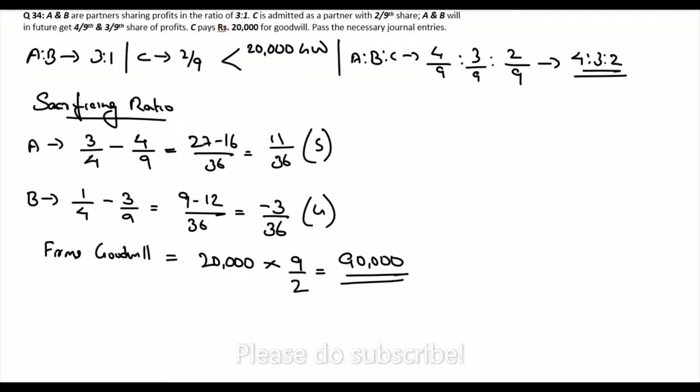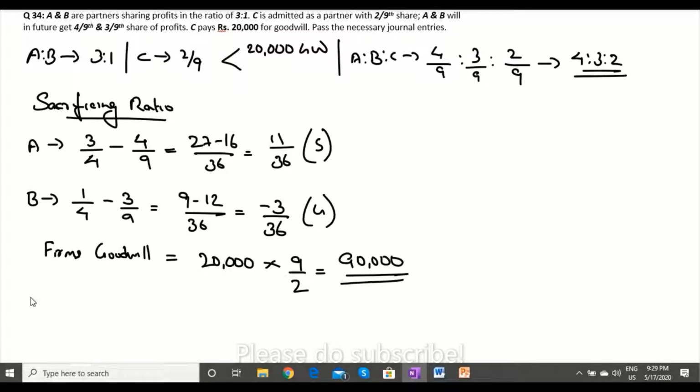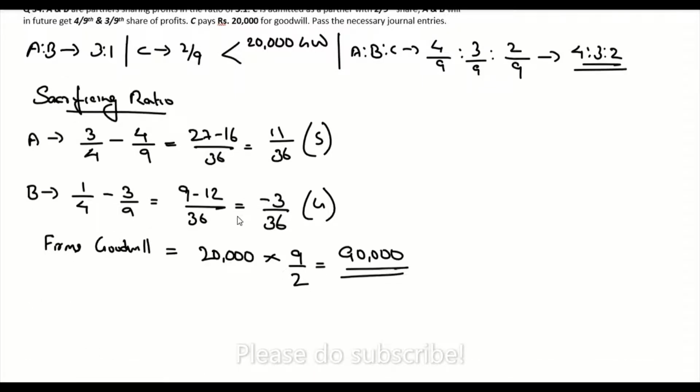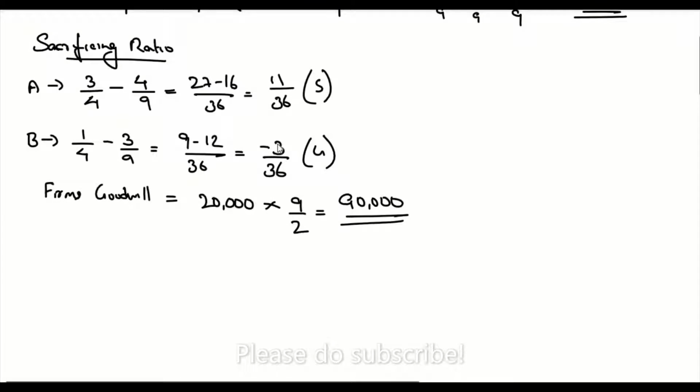Okay. Now we want to understand how much B should bring as his share of goodwill, because he is gaining from this new profit sharing ratio. So B should bring 90,000 into 3/36.